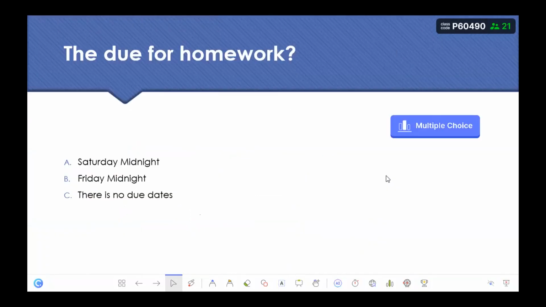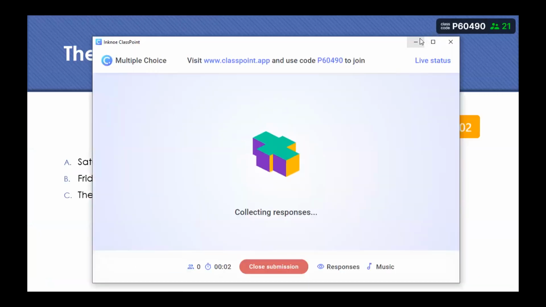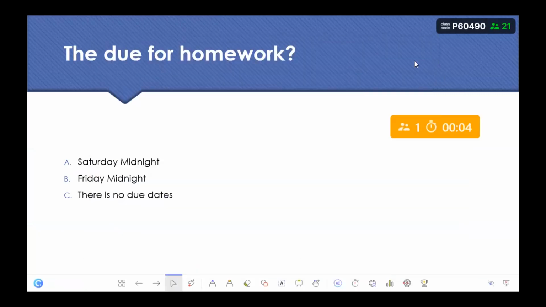The last in-class activity for today: what is the due date for homework? If you check the calendar, you would be able to see it.